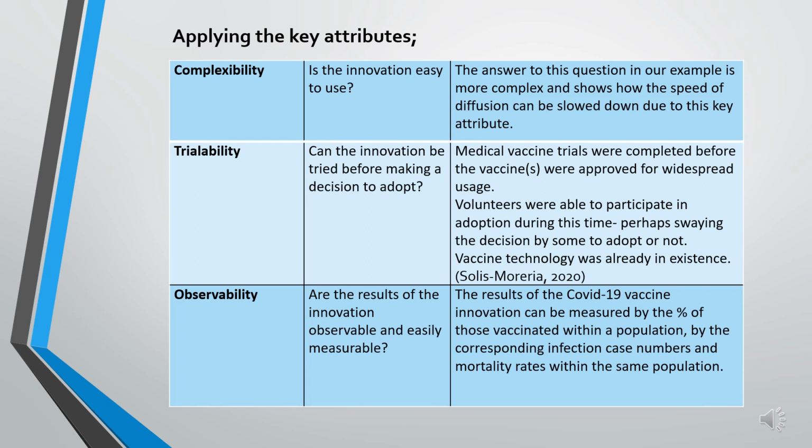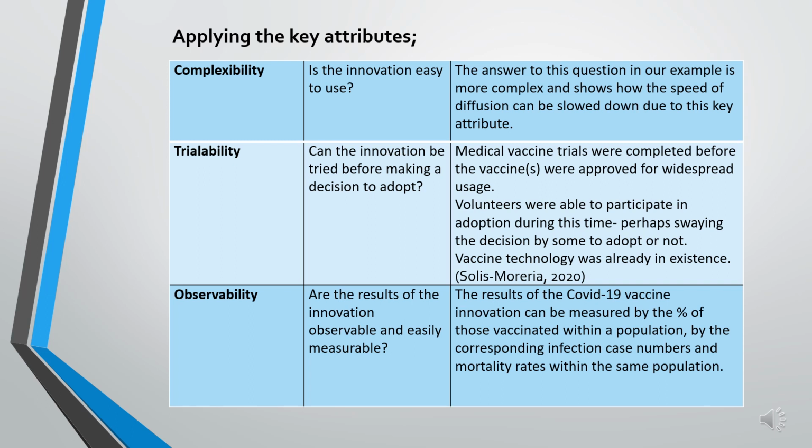In terms of trialability, we ask, can the innovation be tried before making a decision to adopt it? With our example of the COVID vaccine, medical vaccine trials were completed before the vaccines were approved for widespread usage, and volunteers were able to participate in adoption during this time, and perhaps that might sway the decision of some within a population to adopt or not.